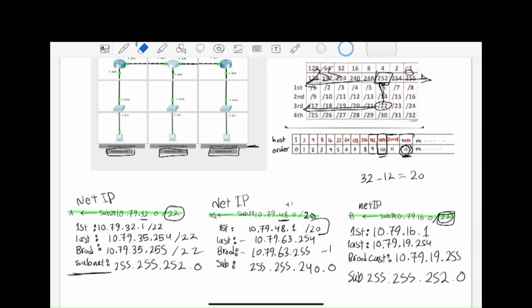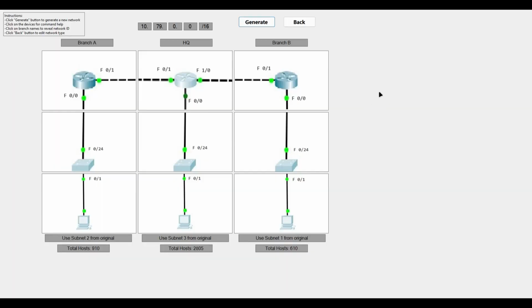And right now, let's go to the generator to check out our answers. We said branch B will be 10.79.16.0/22.